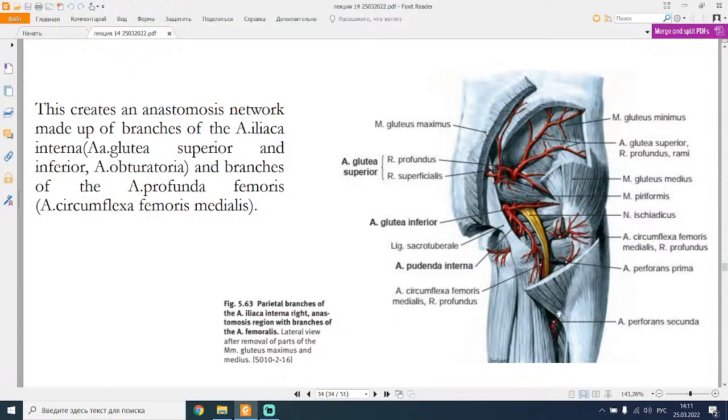You see arteria pudenda interna. With the help of arteria circumflexa femoris, two systems anastomose: arteria glutea superior and inferior and arteria obturatoria with arteria profunda femoris. These are parietal branches of the internal iliac artery anastomosing with branches of the arteria femoralis.